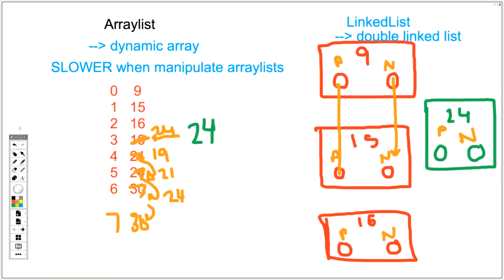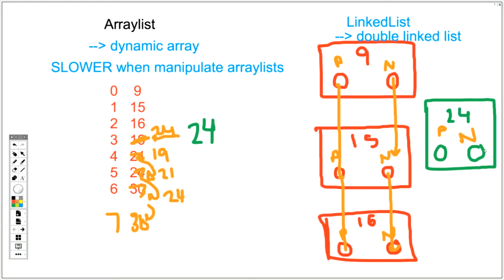That's why it's called double linked, right? Because we have next and then we have previous. Then here we see that the next of 15 is 16, and the previous of 16 would be 15, and it goes on, right? If we would just imagine with all the rest of our array list as well.